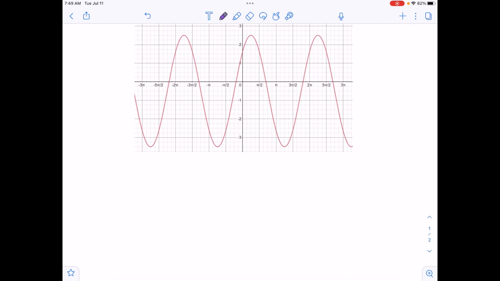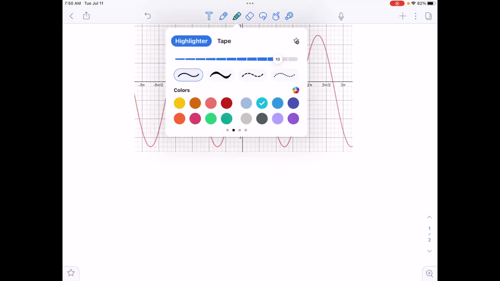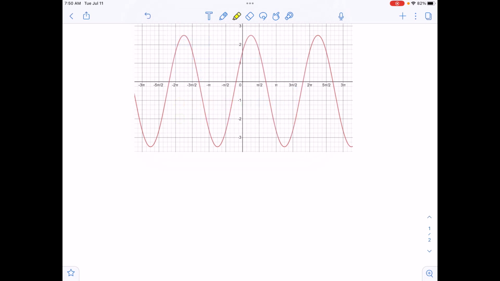New function here, we've got a new graph. Obviously, it looks a little bit faster. First things first, we need to figure out if we are dealing with a sine or a cosine function. I can see here that if I were to do a cosine function, this might be an option. Let's highlight that properly.